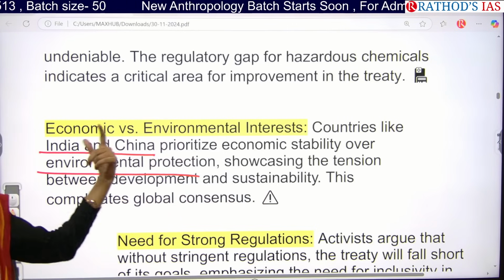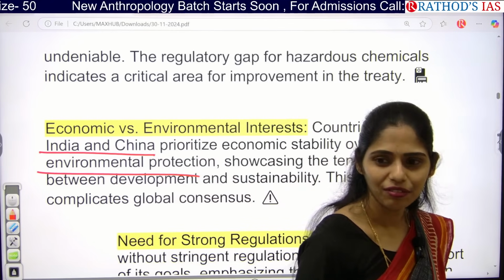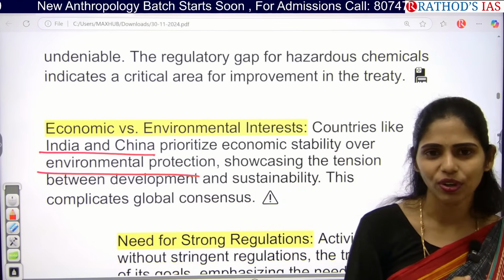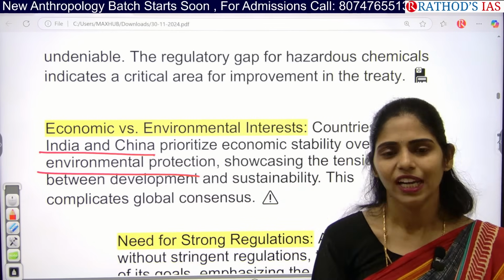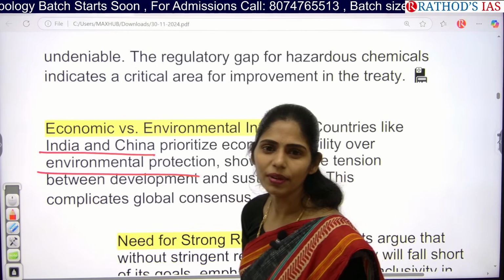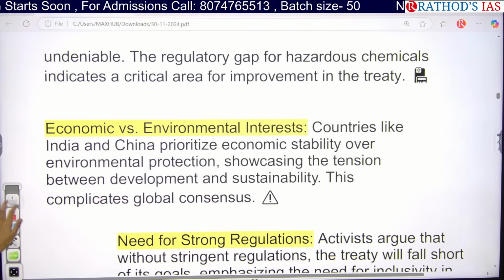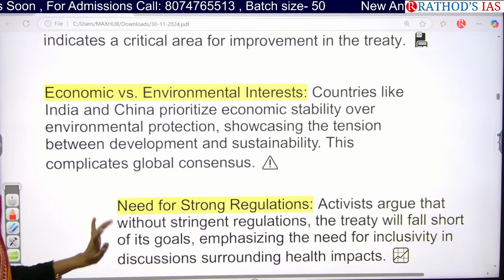Again, it increases tension, because if you move away from plastic, can we economically sustain it? We don't have the technology, and we have to invest a lot in alternatives. So it will not be economically viable for countries like India and China.